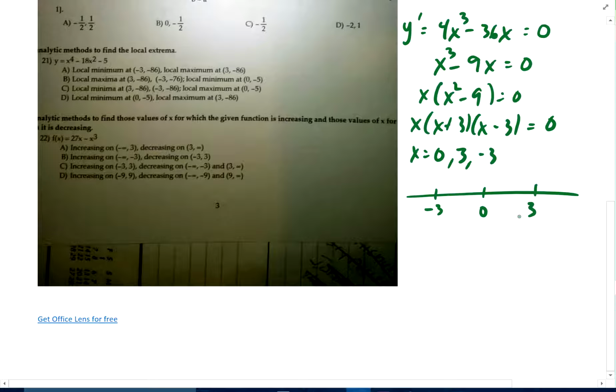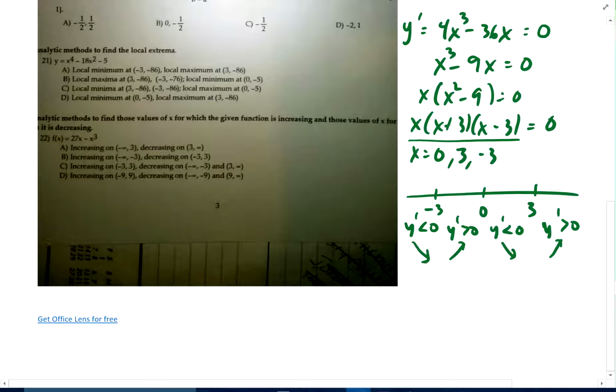And I just want to figure out where y is increasing or decreasing. Okay, so let's plug values in. Always plug them into the factored form. It makes it so much easier. So a big negative number: negative, negative, negative. Y prime is negative. Plug in negative 1: negative, positive, negative. Y prime is positive. Plug in positive 1: positive, positive, negative. Y prime is negative, and then a big positive number, they're all positive. So it's going to be decreasing, increasing, decreasing, increasing.